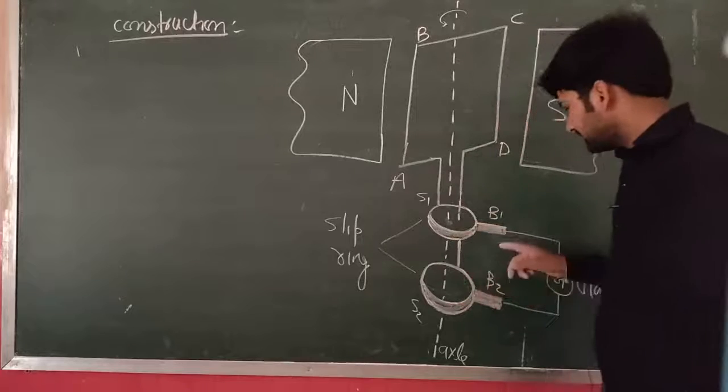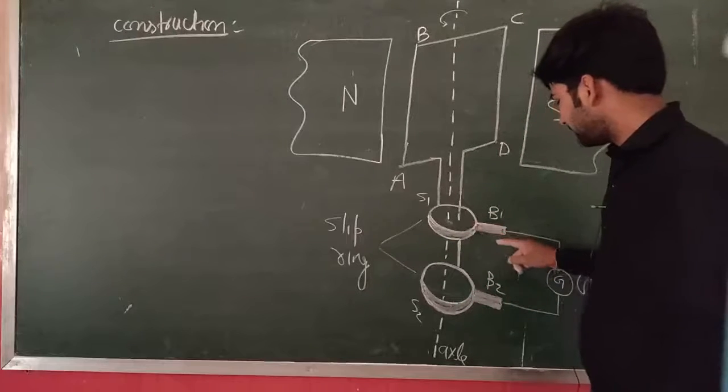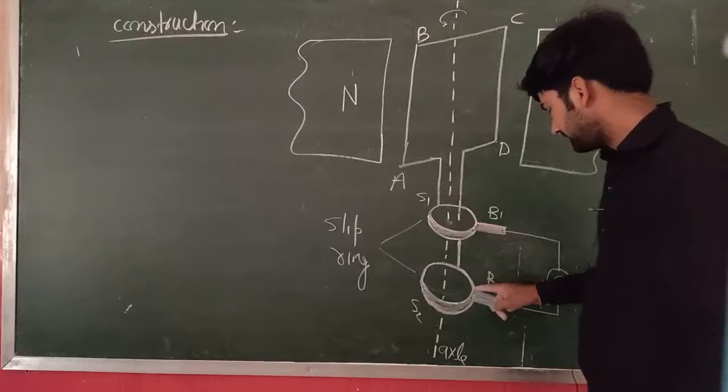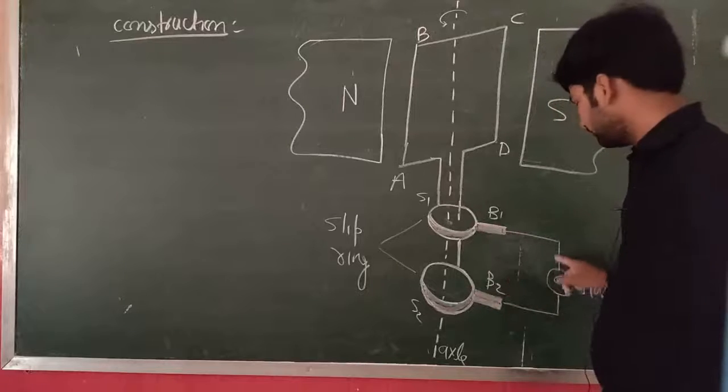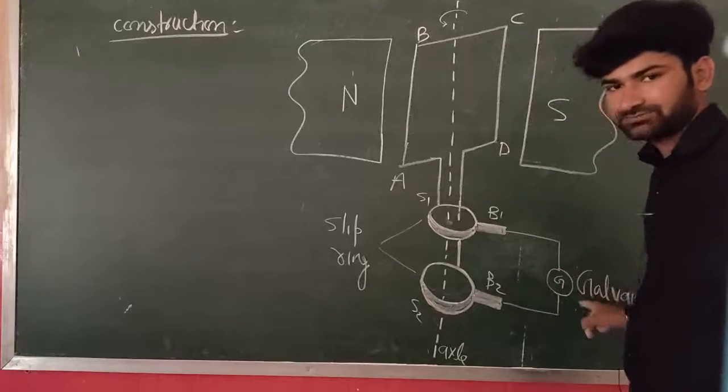Slip ring S1 is connected to carbon brush B1 and slip ring S2 is connected to carbon brush B2. This carbon brushes is connected to galvanometer G.